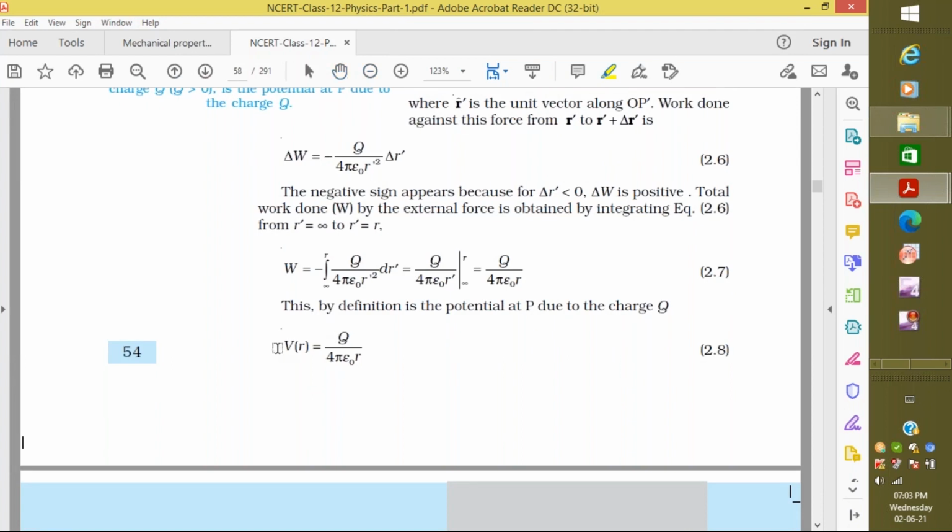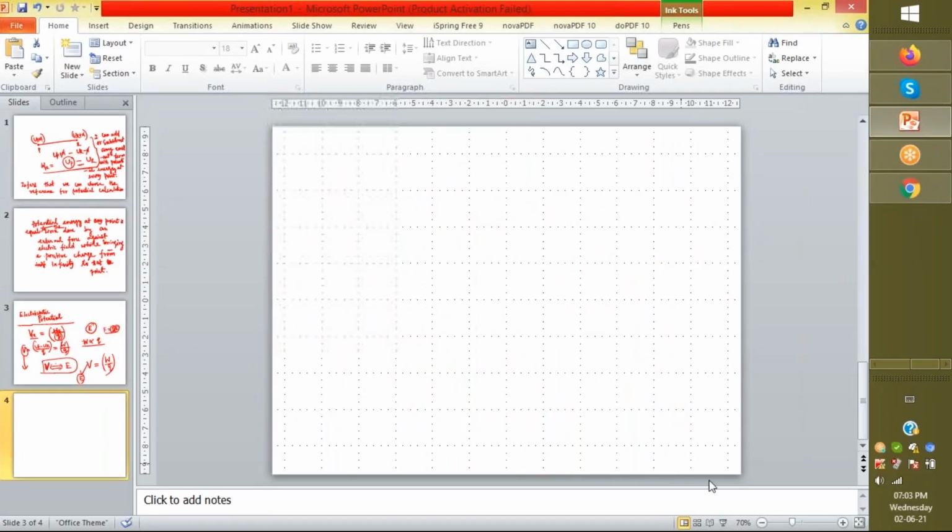I'll tell you one important thing. Earlier we calculated the electric field for a point charge, which we got as q by 4 pi epsilon naught r square.